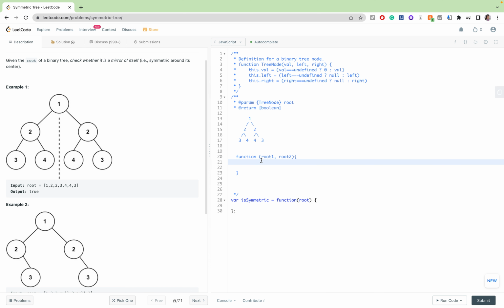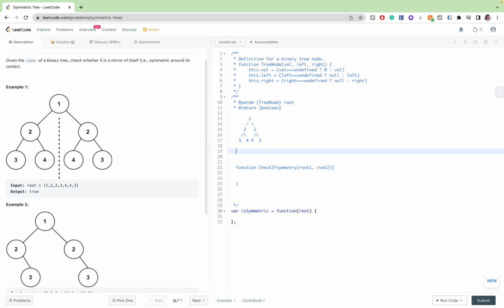So this will return the function check if symmetry.